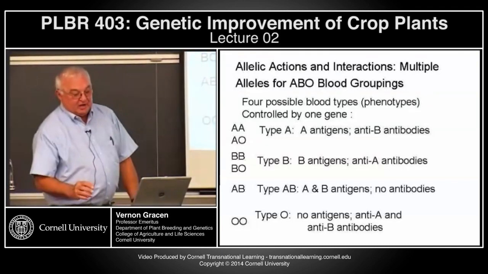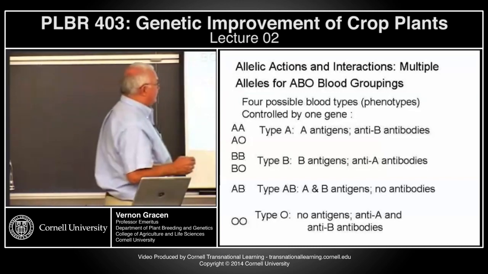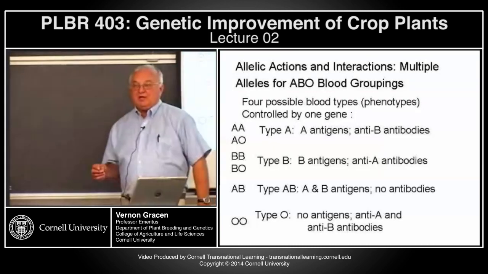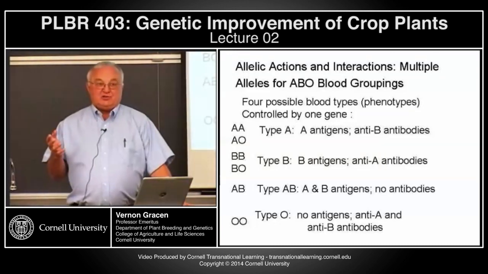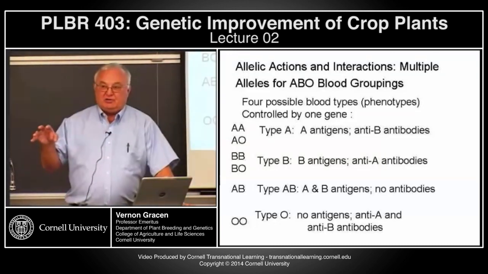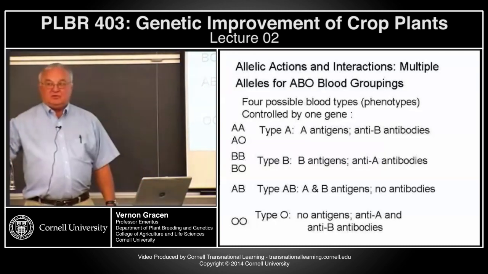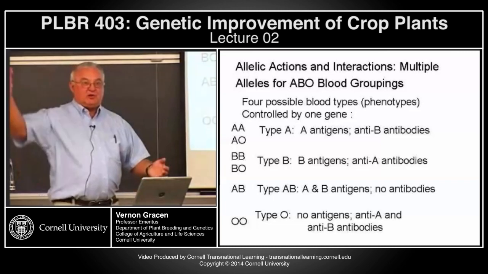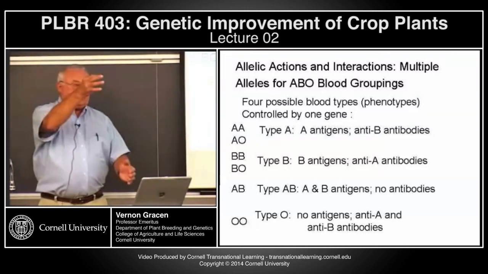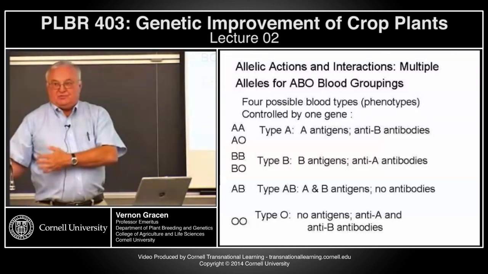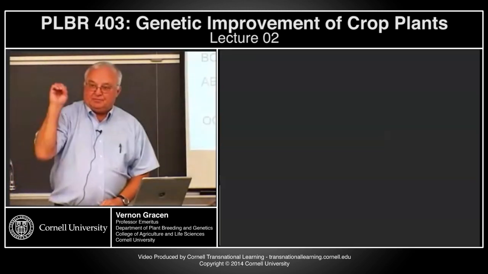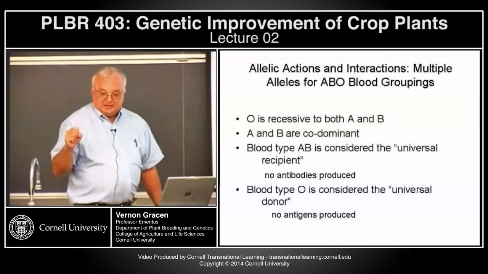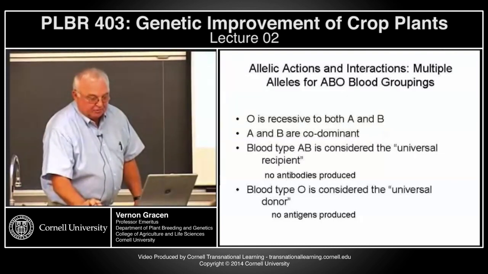Or you could have an O blood type that doesn't produce either A or B antigens, therefore it produces antibodies to both A and B. You guys know what antigens and antibodies are, right? Antigens are proteins that are foreign to an individual, and antibodies are a defense system that recognizes and tries to coagulate and tie up those invading proteins.